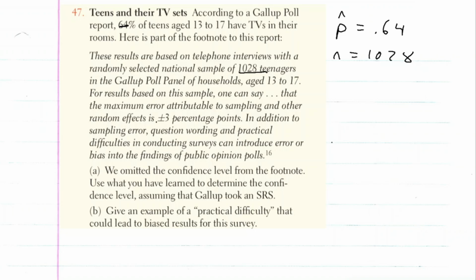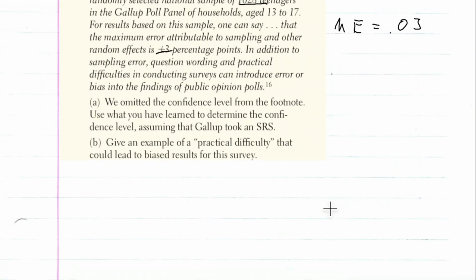And the maximum margin of error is plus or minus 3 percentage points. So I can even put here, margin of error is equal to 0.03, right? 3 percentage points.